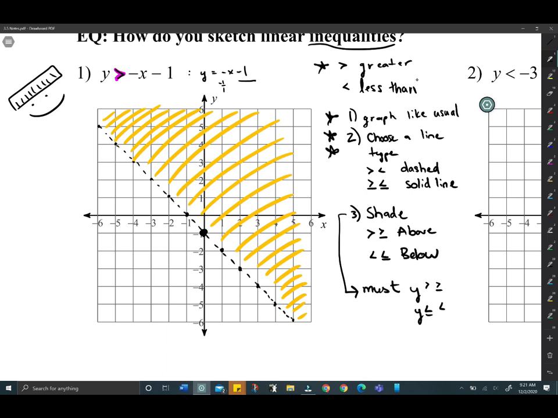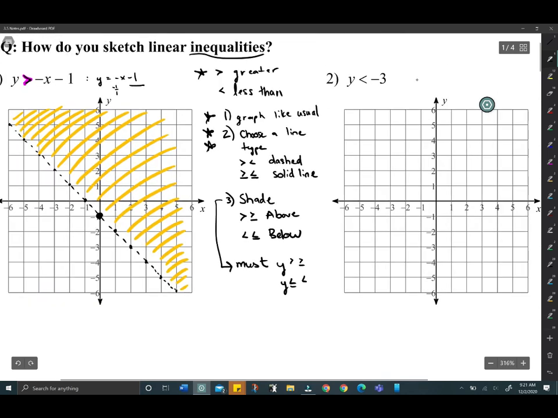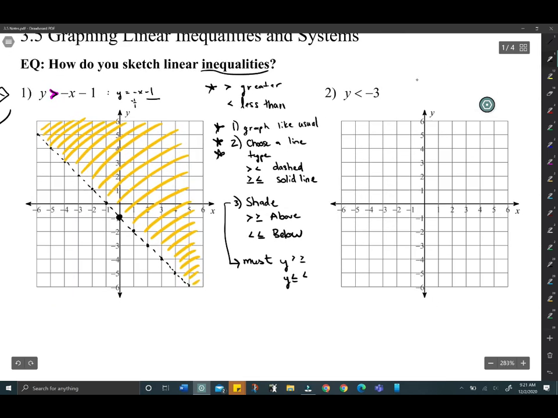Let's look at number 2. We're going to pretend it's just y equals negative 3. Remember, y equals a number is a horizontal line. What type of line should we use? A dashed line, because it is less than.